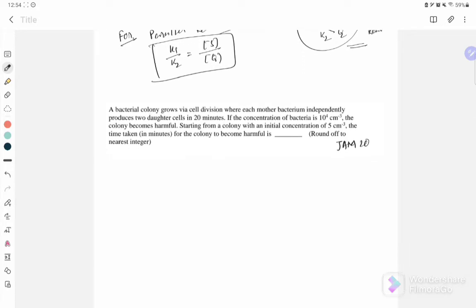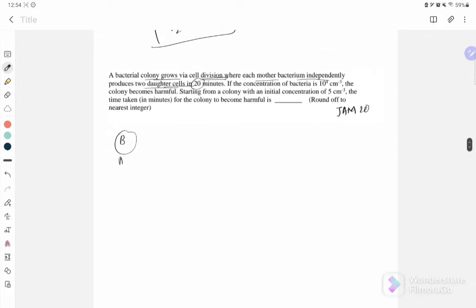A bacteria colony grows via cell division, and each mother bacterium independently produces 2 daughter cells in 20 minutes. Means, if it's a bacteria, the initial concentration I am checking, this is A0.